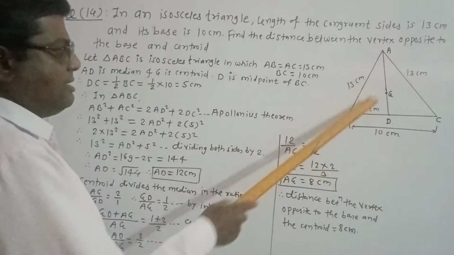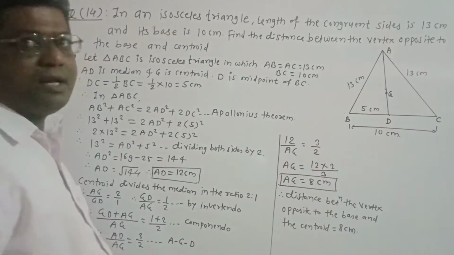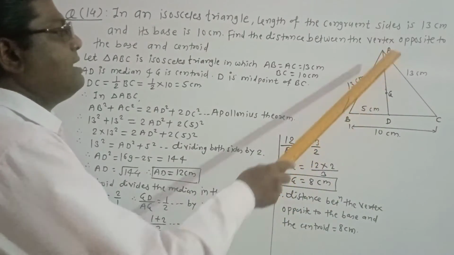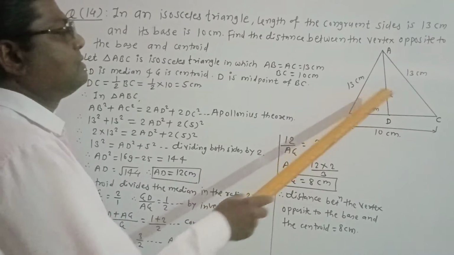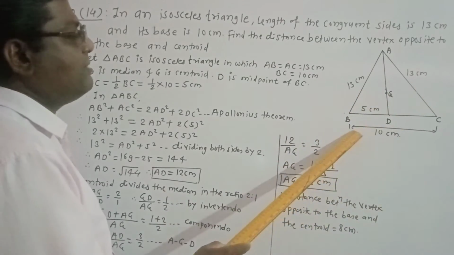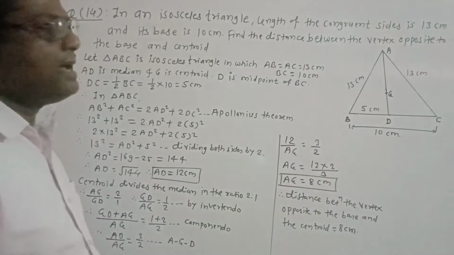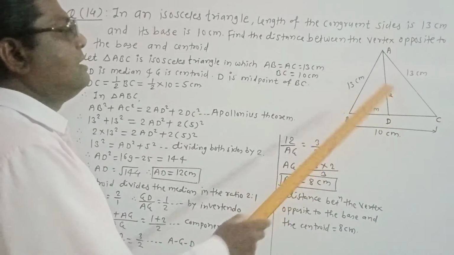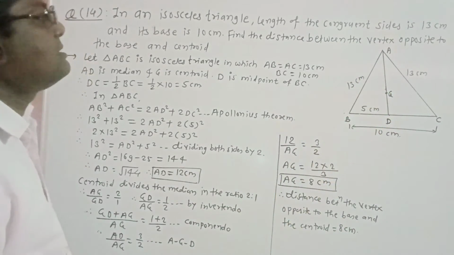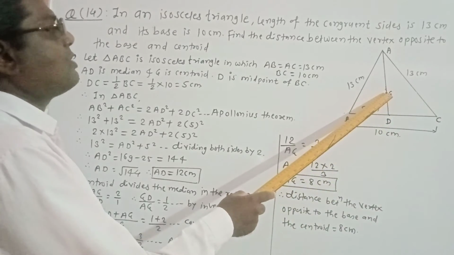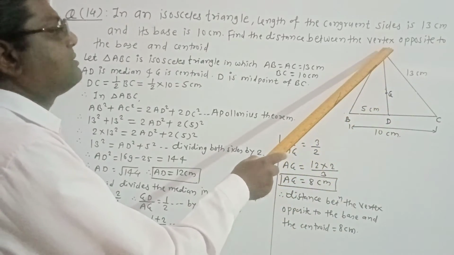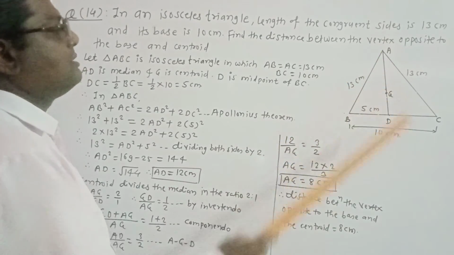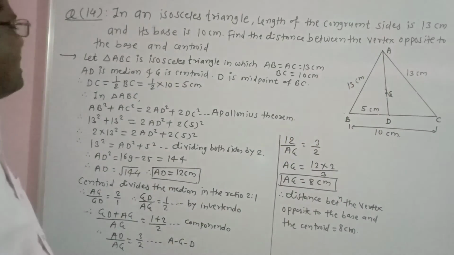This is a triangle ABC, isosceles triangle, in which two sides AB and AC are equal to 13 centimeter and side BC is the base, it is 10 centimeter. G is a centroid and we have to find the distance between this centroid and the vertex A opposite to side BC, that is we have to find the distance AG here.